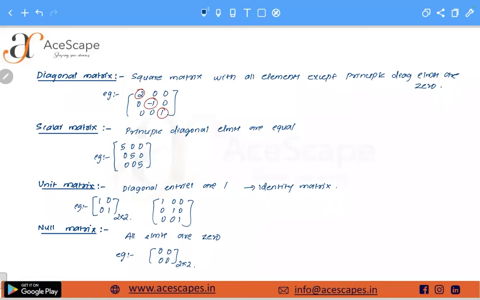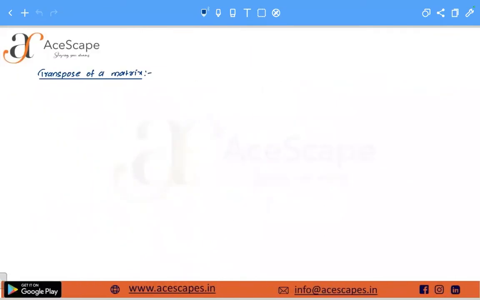Okay, now we are going to another operation of a matrix called the transpose of a matrix. What do we mean by transpose? Transpose means interchanging rows into columns or columns into rows.